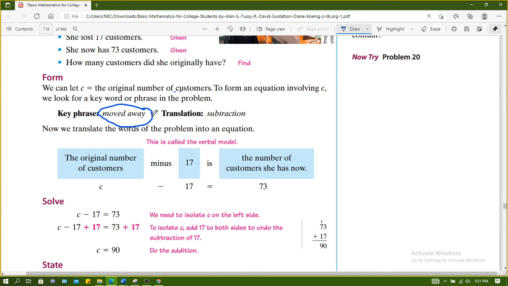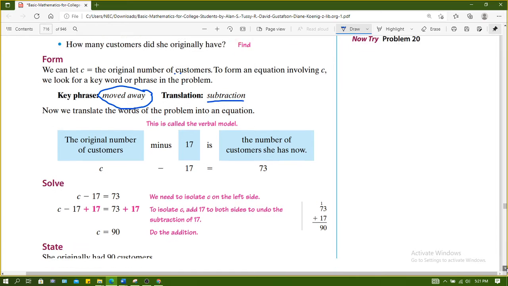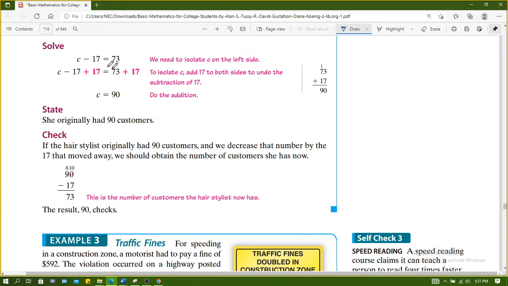When we translate that phrase, we get subtraction. Now, we translate the words of the problem into an equation. The original number of customers, C, minus 17 is the number of customers she has now. Okay, so solve. C minus 17 equals 73.